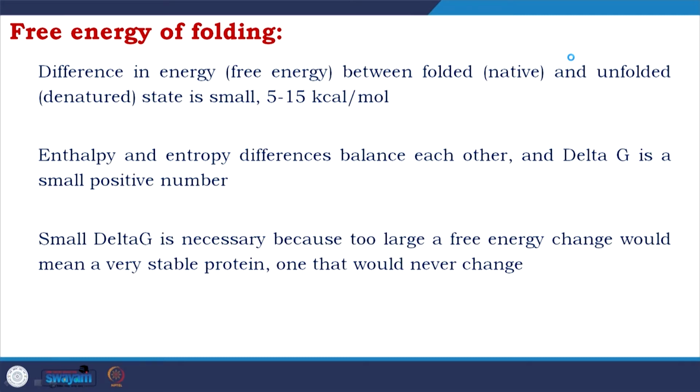So, when we say that the delta G would be small, what does that mean? It is necessary because too large a free energy change would mean a very stable protein. So, it favors the process of protein folding.